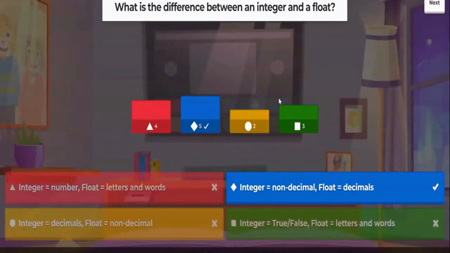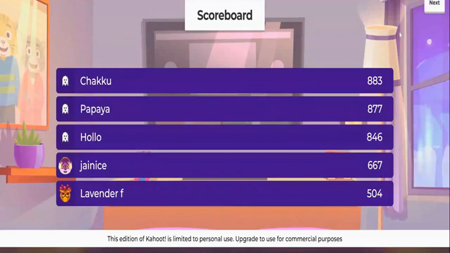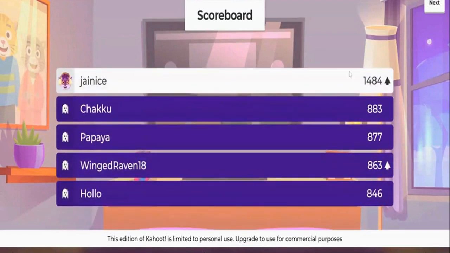Okay. So an integer is any number that doesn't have a decimal point, like just 5 or 6. And a float has a decimal point, so like 5.54, 5.69, etc. Wow, Janus is still in the lead. And then we'll see how it goes.